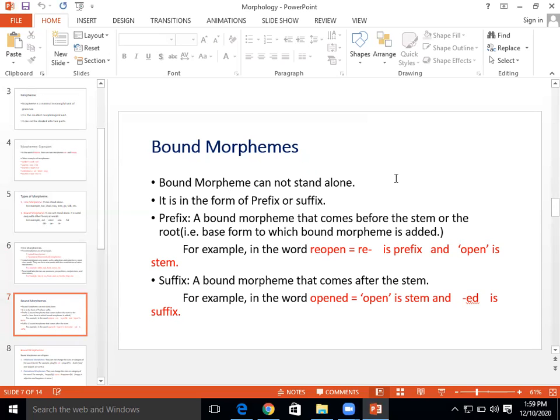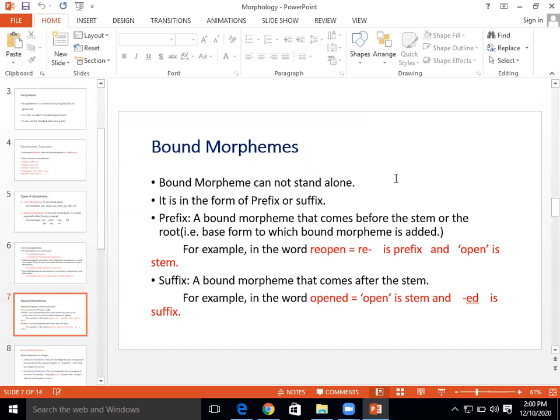Okay. So a bound morpheme that is added before the stem or the root is called a prefix. For example, in the word reopen, re is the prefix, and prefixes are written like this, that is re, and after that a dash is written, because it is joined with the root or the stem.